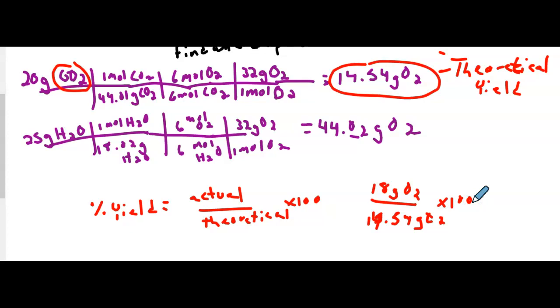Make sure I calculated that first one right. Yeah, I did. Okay, so normally you're not going to get over 100%, but in this case we are. So we're going to get 123% yield. So something has gone very wrong in our lab if that's the case.